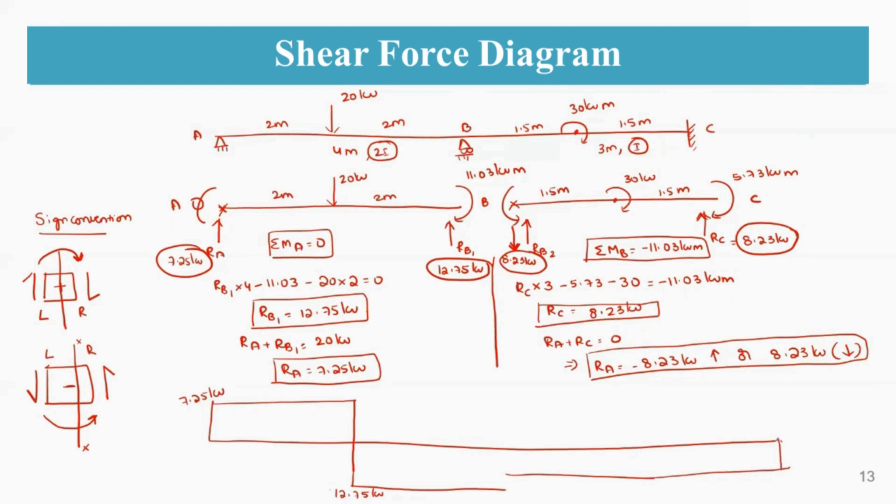Okay, so this value will be 8.23 kilonewton and this point will be 8.23 kilonewton. So which is of negative and this is of positive. So this is A and at this point it is B and this is C. So this is the final shear force diagram we are going to get.